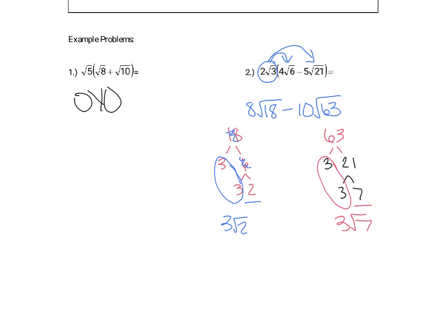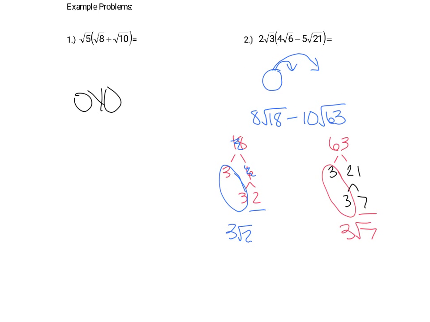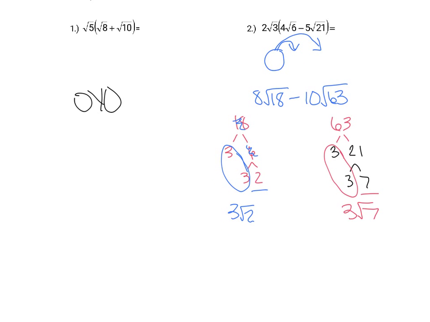Okay, now to rewrite this problem, don't forget here that they have values in front here, okay? So this becomes 8 times 3 square root of 2 minus 10 times 3 square root of 7.